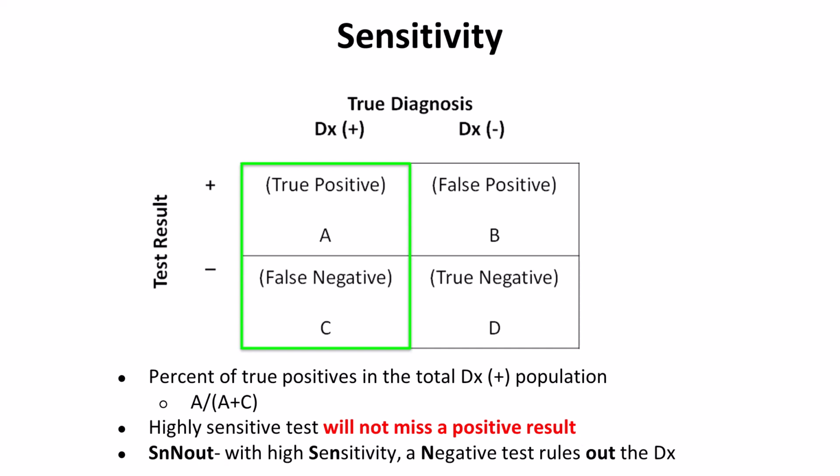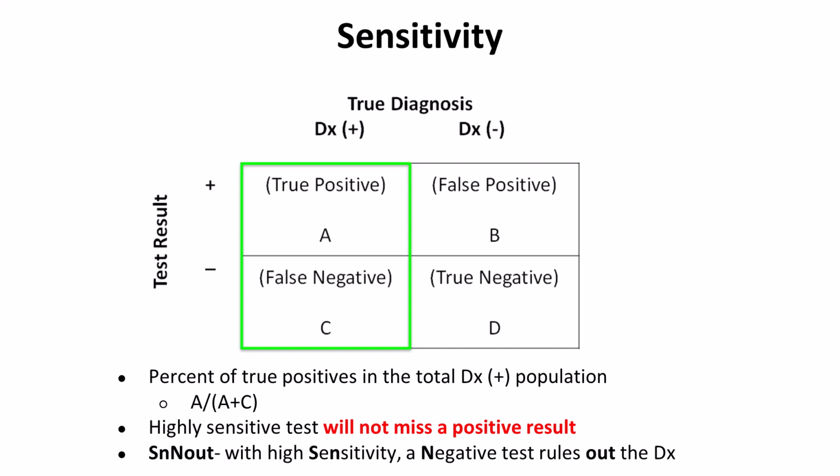To calculate the sensitivity of the test, you would take the number of individuals in box A and divide that by the number of individuals that actually had the diagnosis, and that would be box A plus box C. You should know that with a highly sensitive test, let's say 100% sensitivity, you won't miss a positive result.